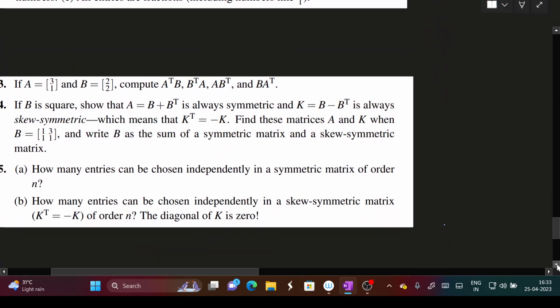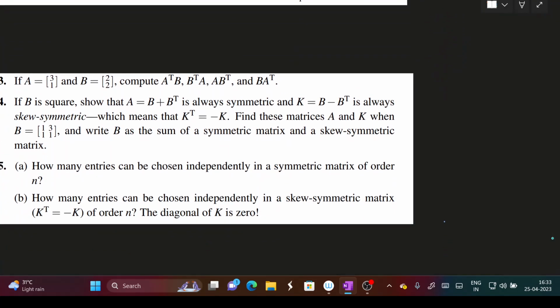Next question is, this is given vector A, this is given vector B. What is A transpose B? A transpose B is 3 into 2 plus 1 into 2, that is 8. It's a scalar. Then what is B transpose A? Again the value will be the same, that is 8.